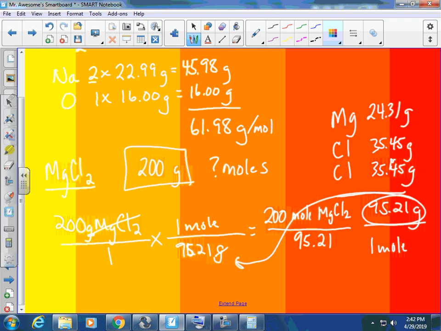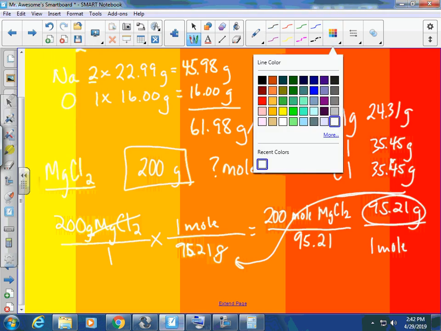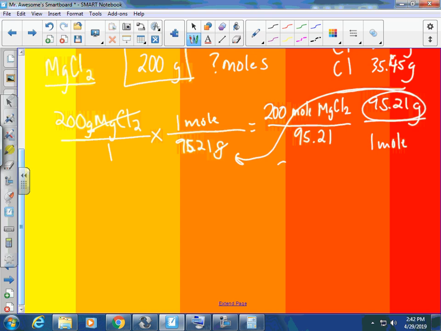So I'm going to take 200 divided by 95.21, and I'm going to get 2.1. So there are 2.1 moles. And that's your answer.